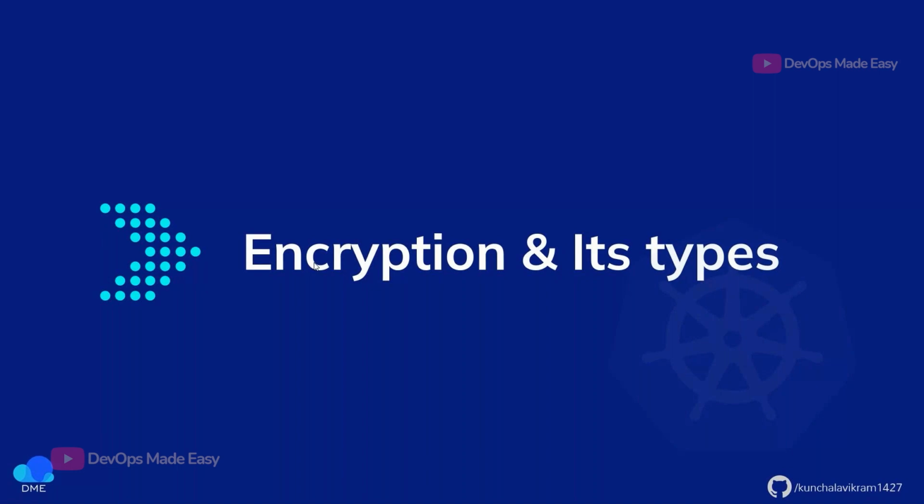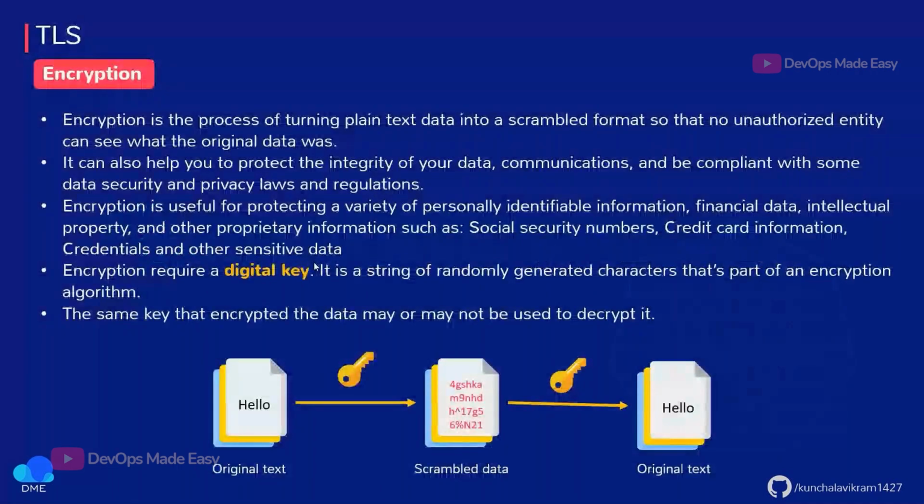Okay, encryption and decryption. So encryption, again, it is a process of turning plain text into a ciphertext, right? So here we'll use keys to encrypt and decrypt the data. So your original text will be converted into ciphertext using those keys.